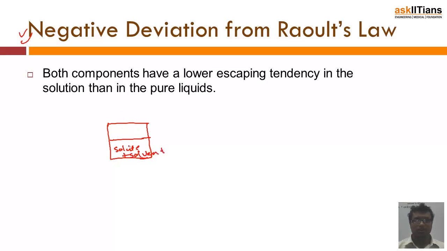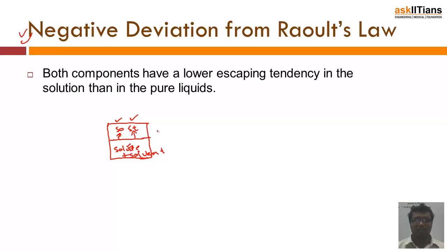If both solute and solvent have a vapor phase, that means the molecules of solute, I'll write it as SO, and the molecules of solvent, I'll write it as ST. So SO is a solute and ST is a solvent, right? You will find the vapor phase of both solute and solvent.